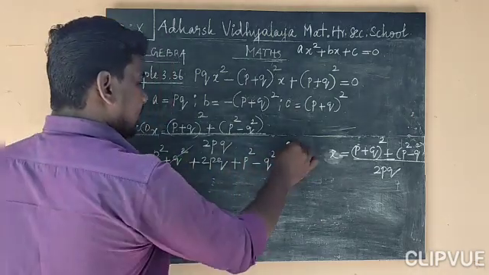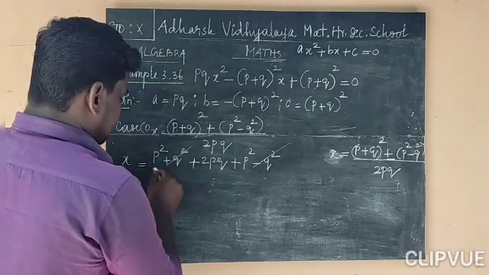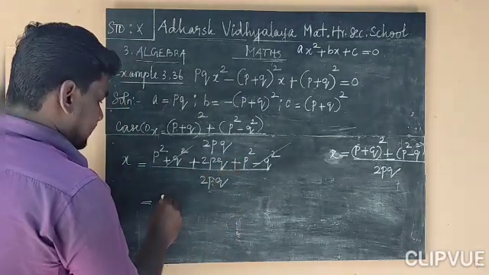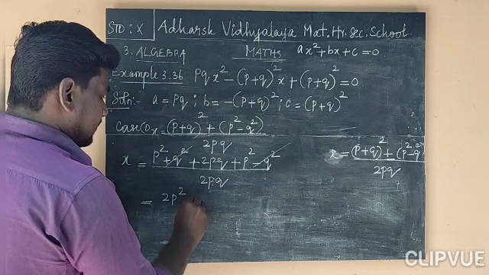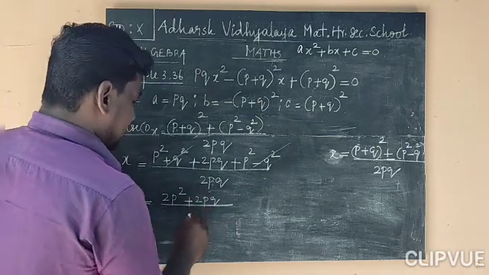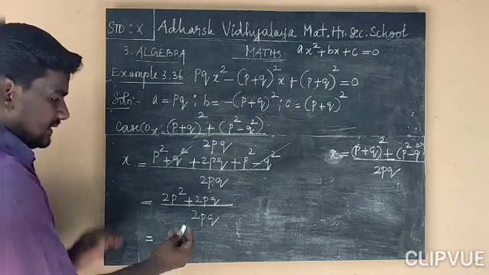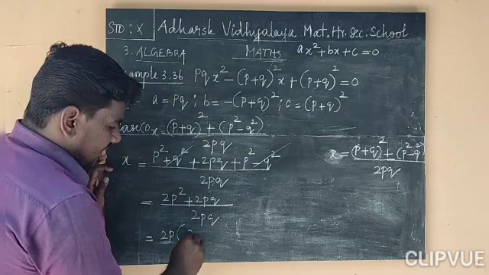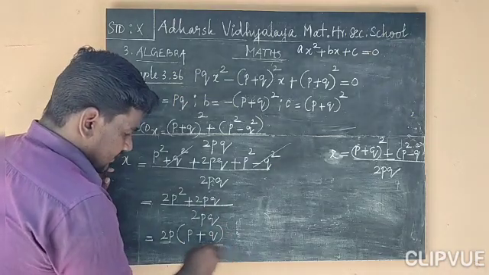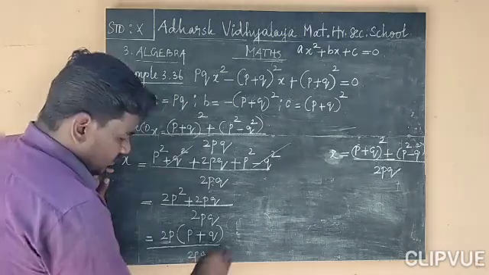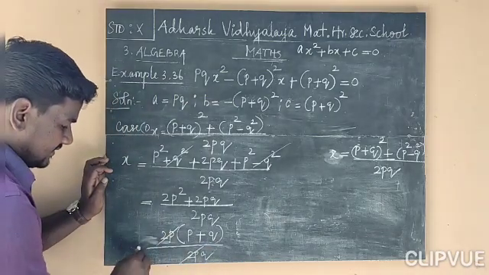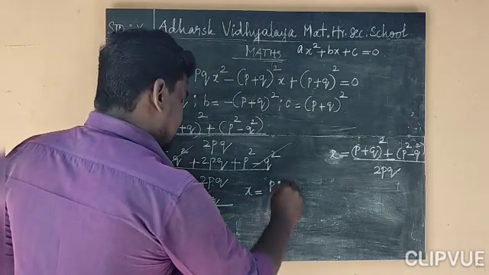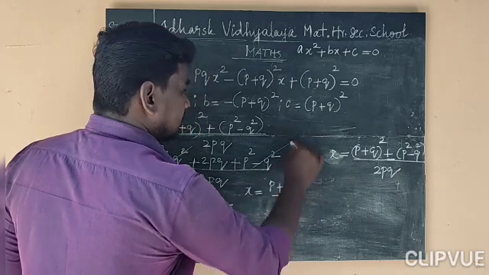The plus q square and minus q square will be cancelled. In the denominator we have 2pq. So 2p square plus 2pq by 2pq. In the numerator, 2p is a common factor. If you take that out, p plus q will be there, divided by 2pq. This 2p will be cancelled. So what do we have? x is equal to (p plus q) divided by q.